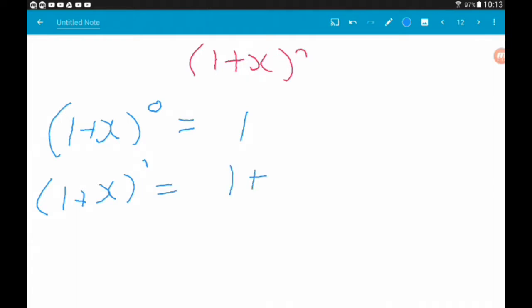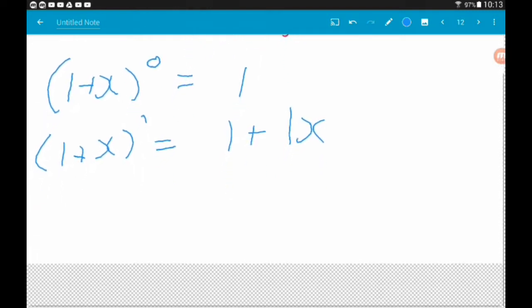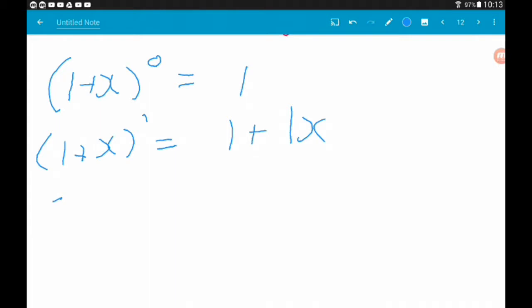Now, we're going to do something a bit weird here. Even though we've only got a single x, I'm going to write 1x. So we got 1 plus 1x. Step it up by 1 power again. So let's go to 1 plus x to the power of 2.